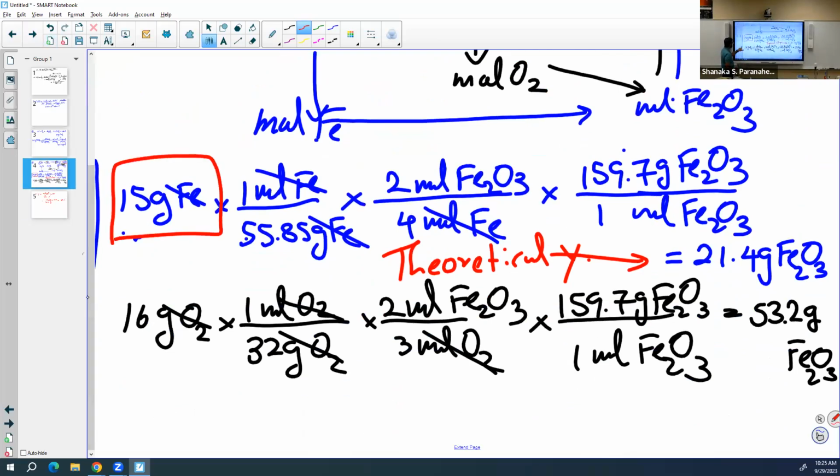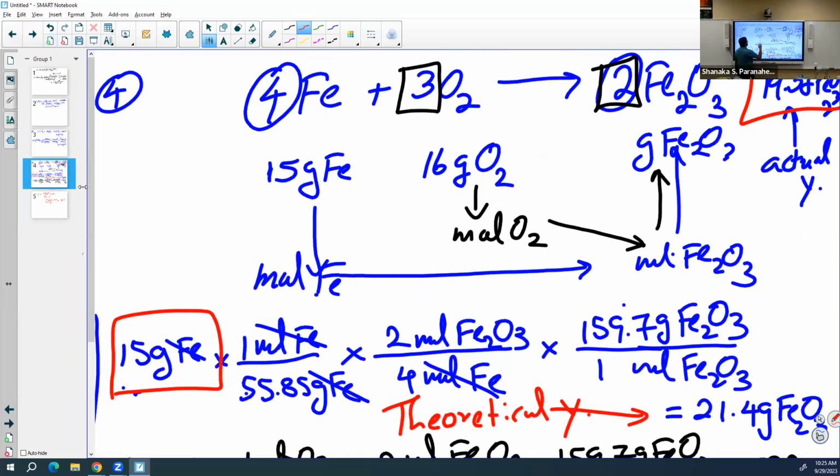We do the third mass to mass calculation from grams of iron into moles of iron, moles of iron into moles of oxygen, and moles of oxygen into grams of oxygen. That is the required amount of oxygen. We convert 15 grams into moles, moles into moles of oxygen, 4 to 3, and then multiply by the molar mass of oxygen.